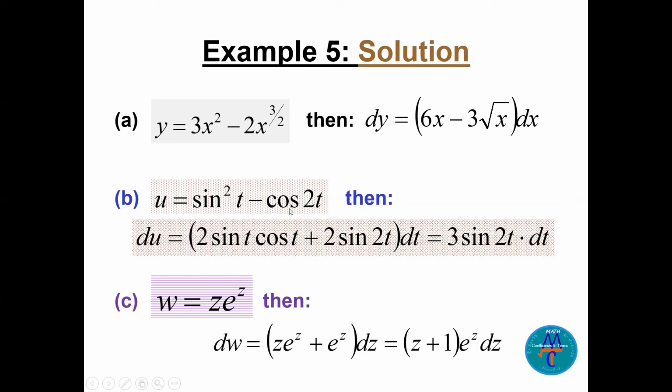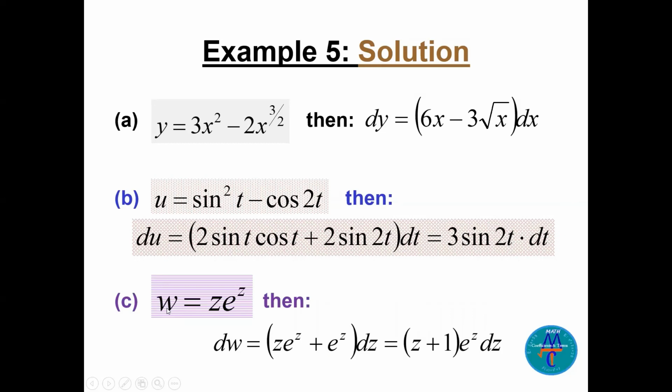It will be minus sine 2t times the derivative of the inside, which is derivative of 2t is 2. Now 2 sine t cosine t is sine 2t by the formula, and there is 2 sine 2t. So the final answer is du equals 3 sine 2t times dt.